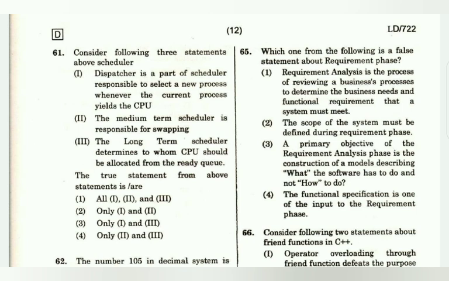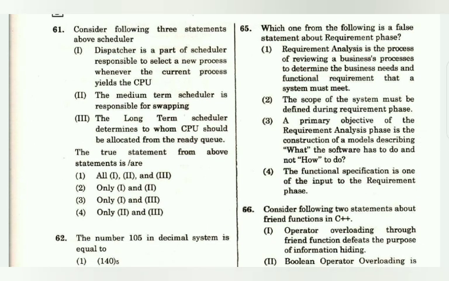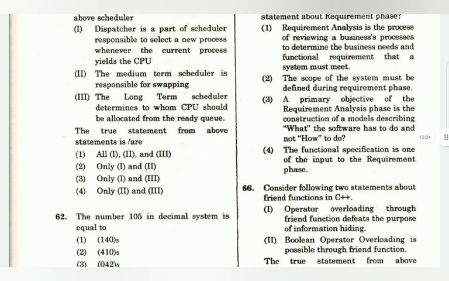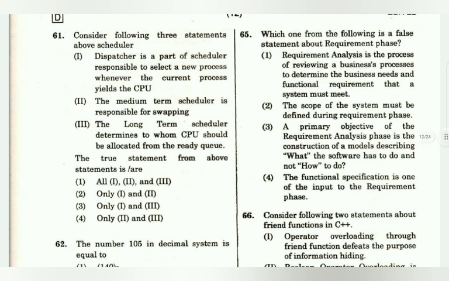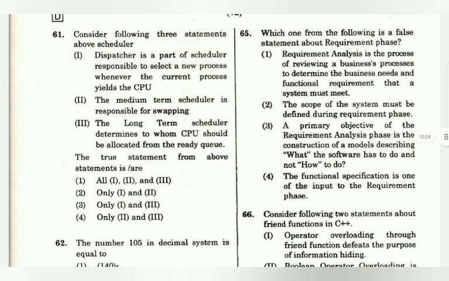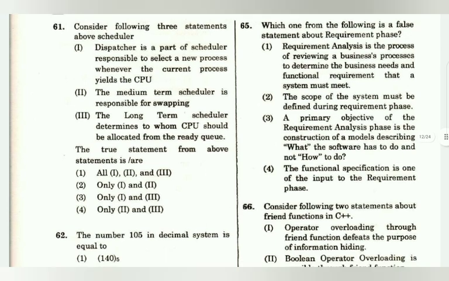Next, consider the following 3 statements about the scheduler. First statement: the dispatcher is a part of the CPU scheduler that selects the process for execution when the current process leaves the CPU, which is correct.